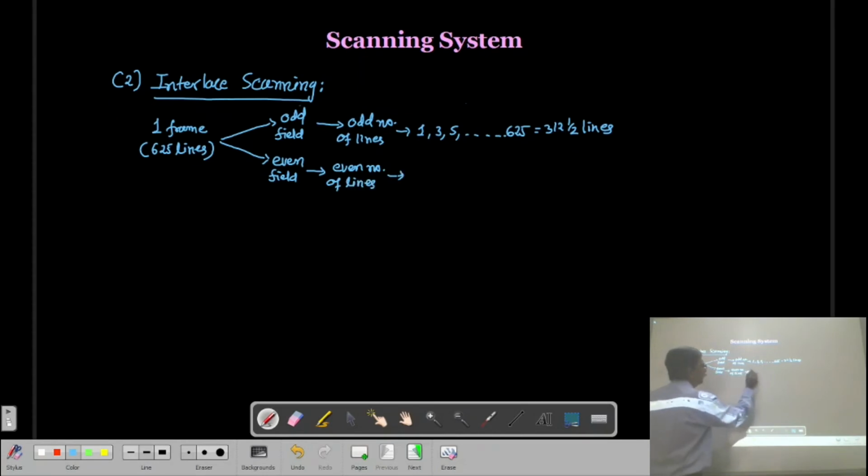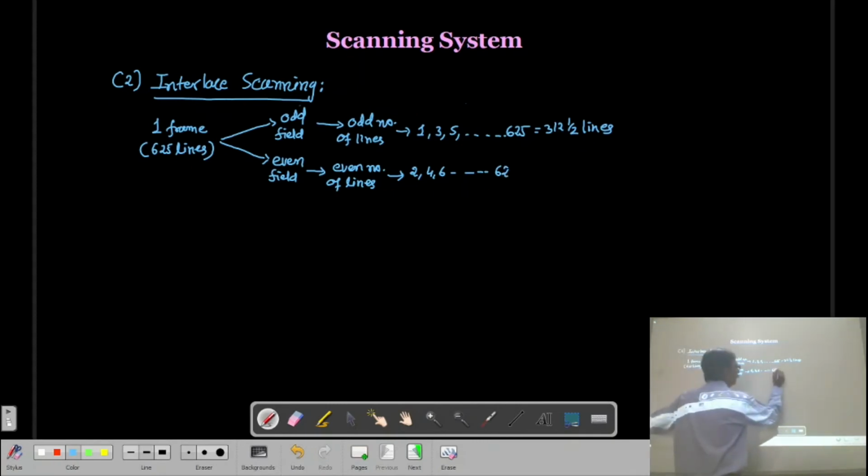So what are the remaining lines? Line number 2, 4, 6 and up to 624. Here instead of this we can say it is going to draw, the last line will be 625, but it will be half of that.